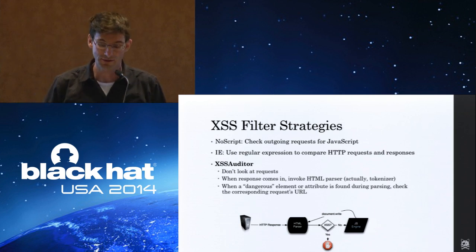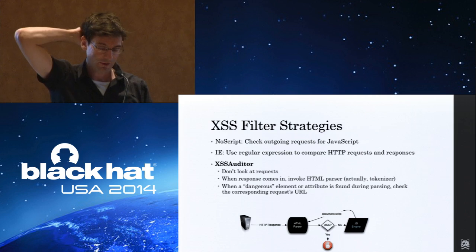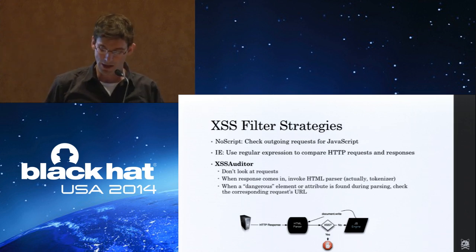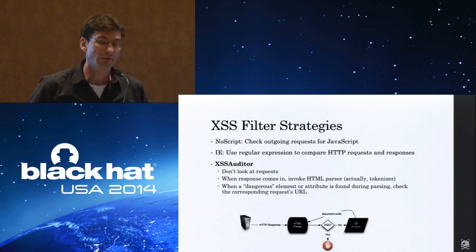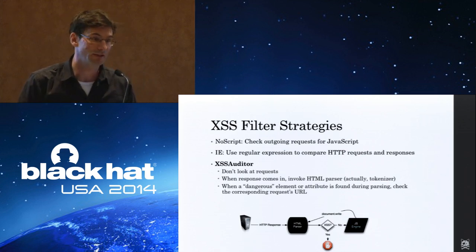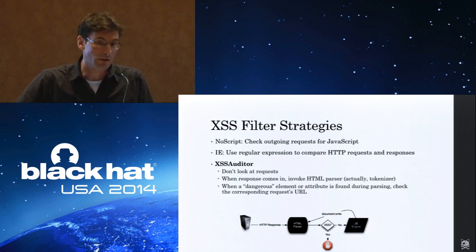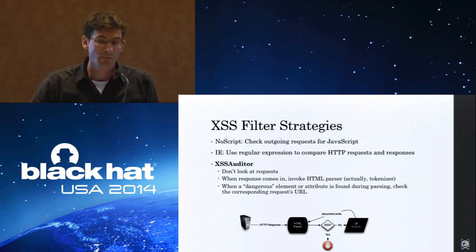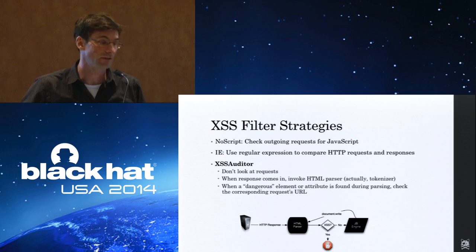Internet Explorer was the first mainstream browser to adopt cross-site scripting filtering, and they apply the methodology that I have here. They look at the outgoing requests, they do some magic, building some regular expressions that then are applied to the incoming HTTP response before the response is parsed, trying to figure out if there are matches between the URL, in this case, and the HTTP response, and then this might be a cross-site scripting problem.